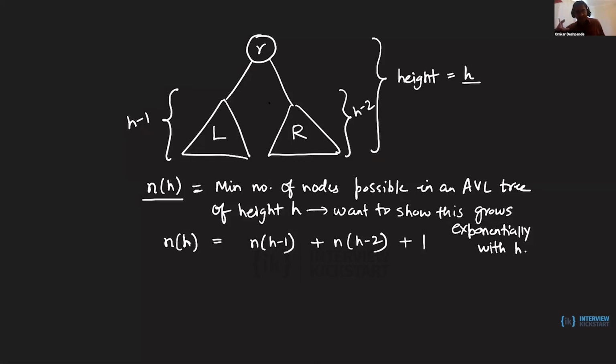So in order to have the fewest number of nodes in my subtree, if I can get by pruning away a little bit of one of those two subtrees to make the height h minus 2, then I'm achieving the fewest number of nodes in the overall tree.